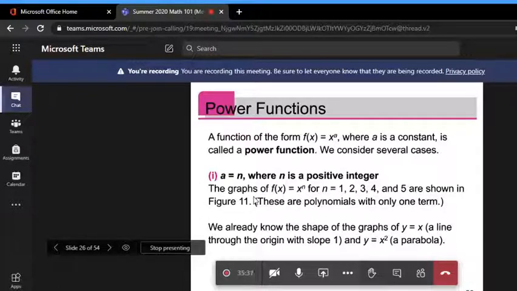For example, let's say a is a positive integer, like f of x is equal to x, f of x is equal to x squared, f of x is equal to x cubed, f of x is equal to x to the 4, f of x is equal to x to the 5. So these are power functions, okay? Let's see the graphs of those. X squared is a parabola, we know.